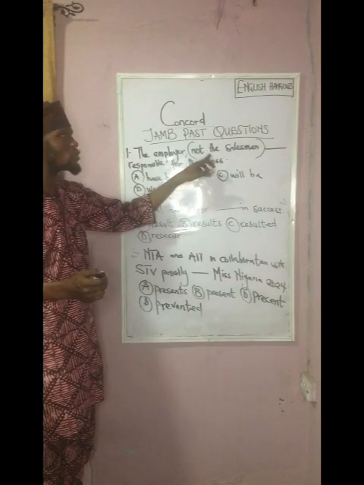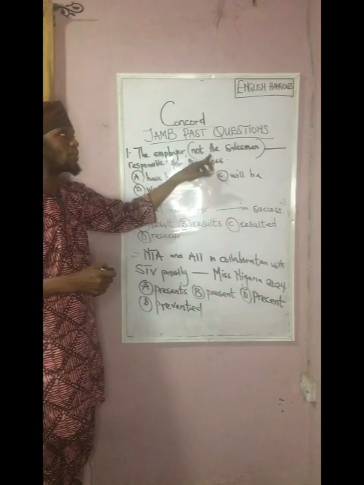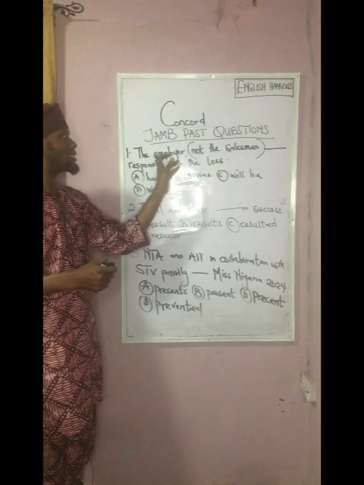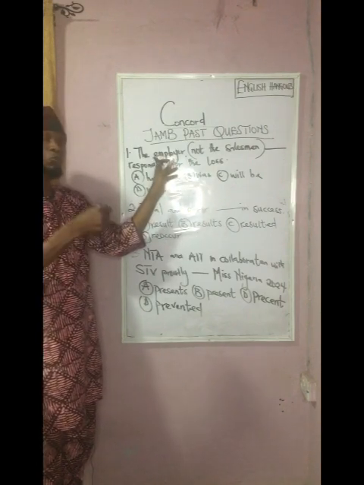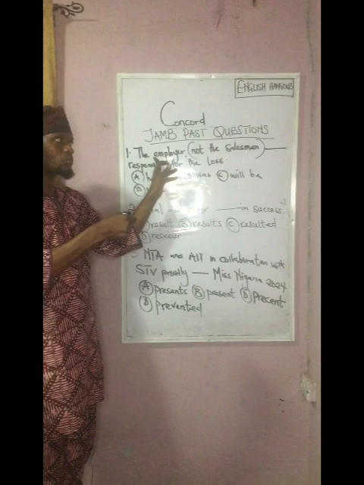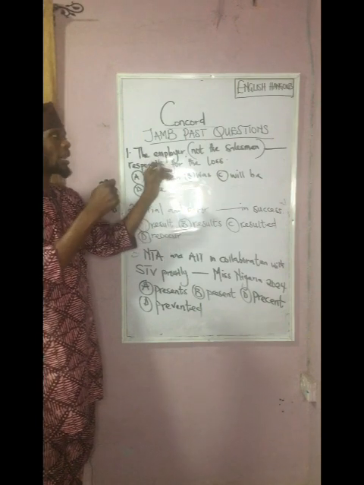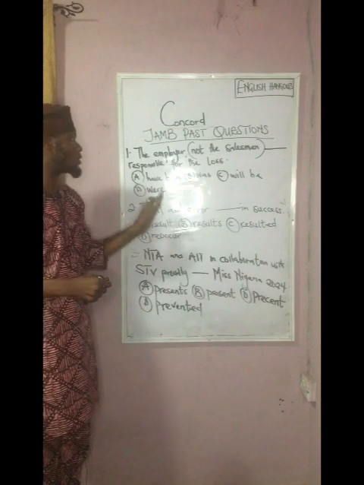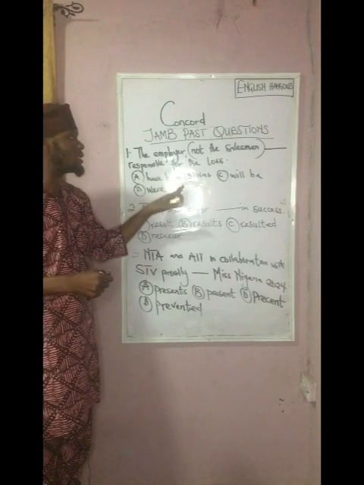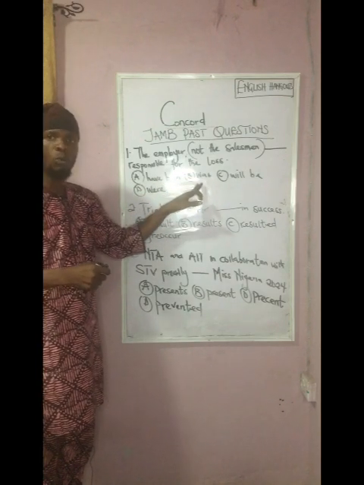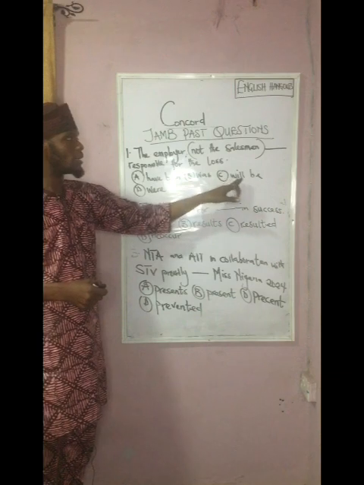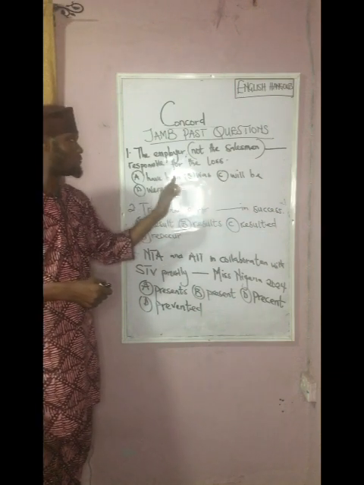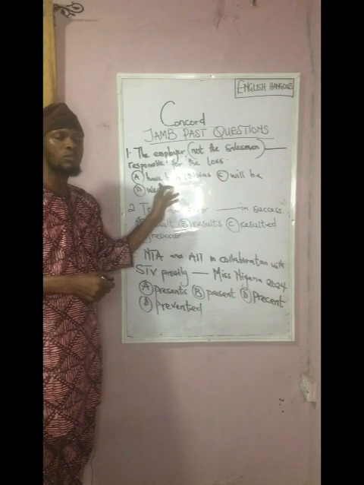Therefore, if we are to choose the appropriate verb that will suit this particular sentence, this first subject, which is the employer, should indicate the appropriate verb that will suit this expression. Here we have been. B, we have was. C, we have will be. D, we have were. Have been, this is a plural verb.